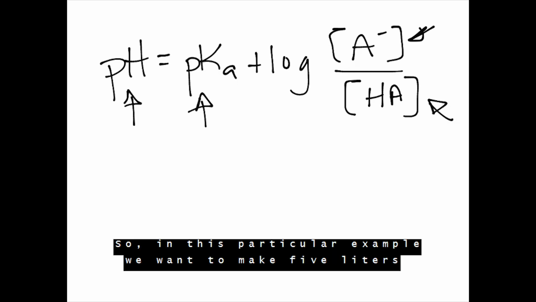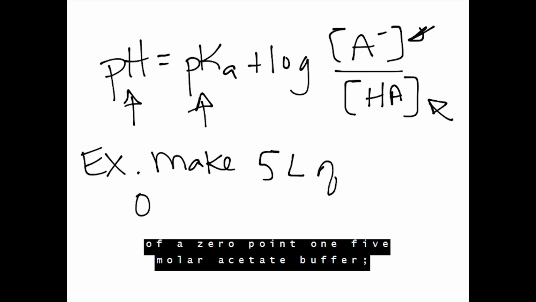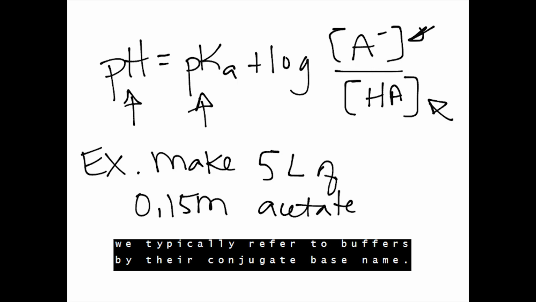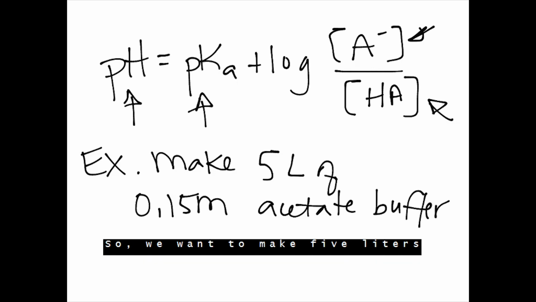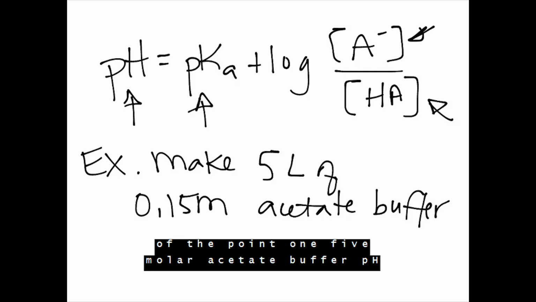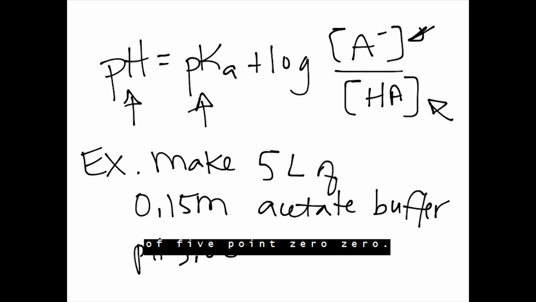So in this particular example, we want to make 5 liters of a 0.15 molar acetate buffer. We typically refer to buffers by their conjugate base name. So we want to make 5 liters of a 0.15 molar acetate buffer, pH of 5.00.